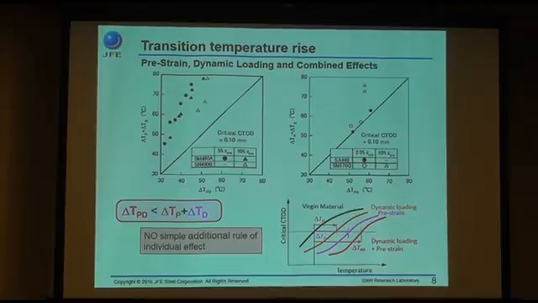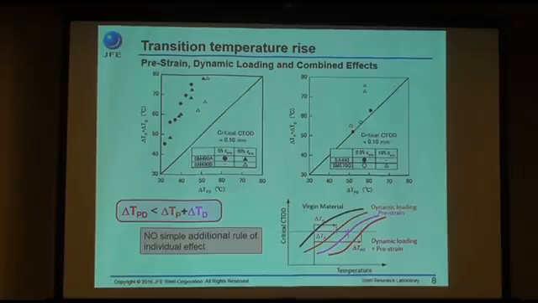In this figure, the horizontal axis is the transition temperature rise due to the combined effect of prestrain and dynamic loading, and the vertical axis shows the sum of the temperature rises induced by the individual effects. This is the result for 490 megapascal class steel, and the right-hand side is a higher strength steel. In this case, you can see that there is no simple additive rule for the individual effects.